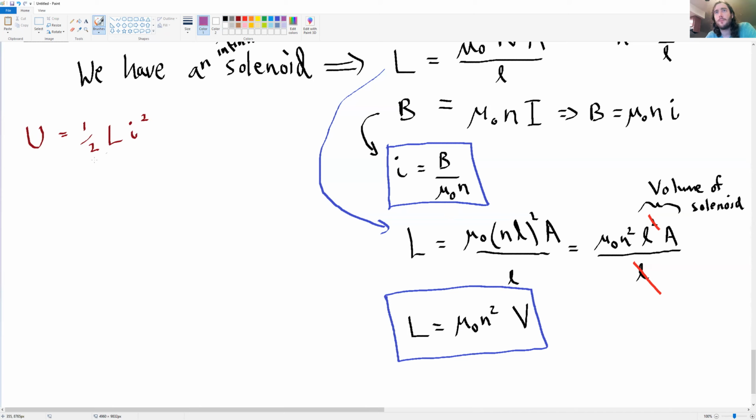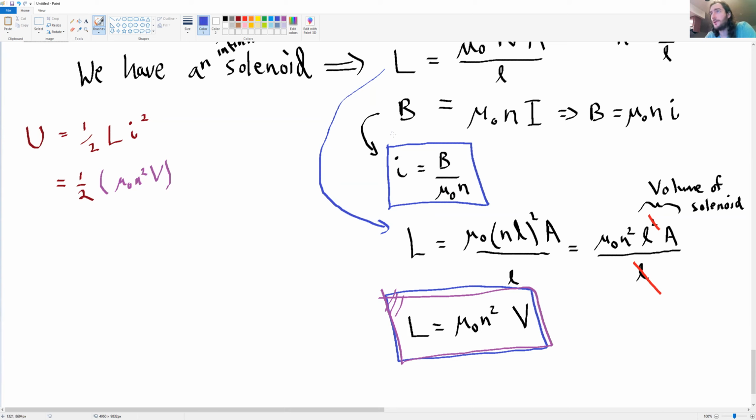Maybe we'll use purple or something to substitute some of these quantities in. So the 1/2 stays. Let's do this purple here for L. So L is mu 0 n squared V. And if you know what you're doing here, go ahead, plug this in yourself, get ahead of us.